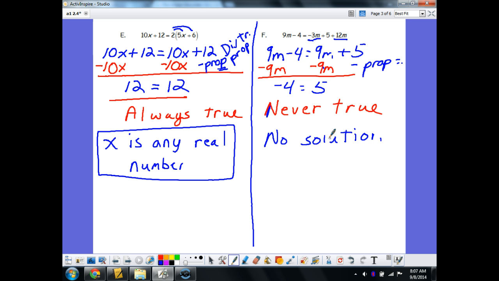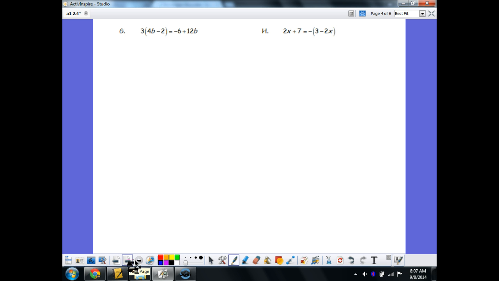And those are the two basic special cases that we have for when that variable completely cancels out. And again, that can happen when you have a variable on both sides of the equal sign. So G and H can be similar to these. The first thing we're going to do in G is use the distributive property to get rid of those parentheses.